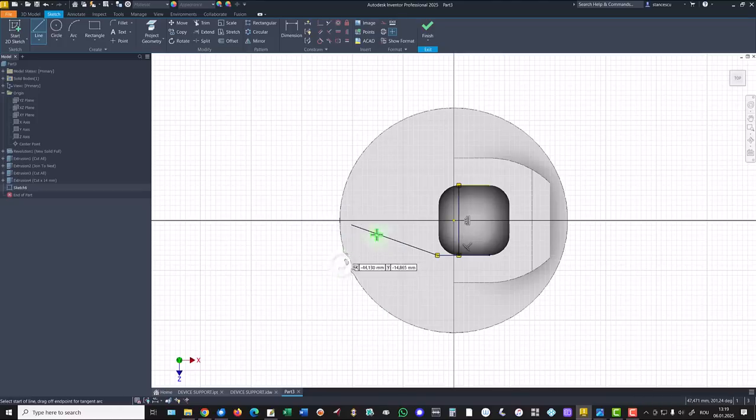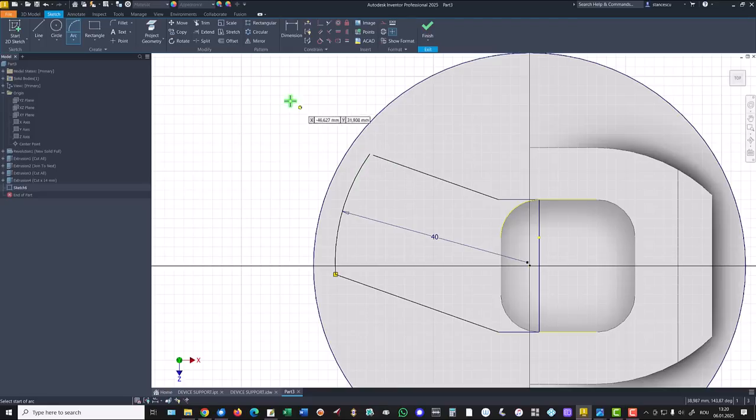Restart. Another line horizontal is here, and you see the parallel are the 2. I draw an arc with the radius of 40. But here is not connected.